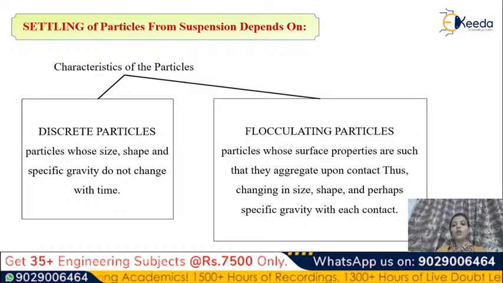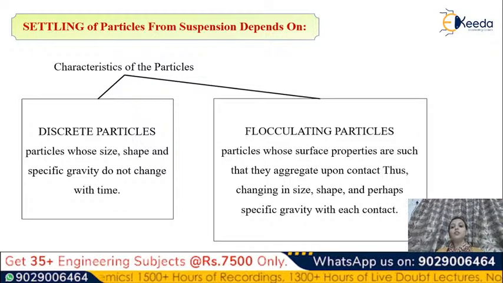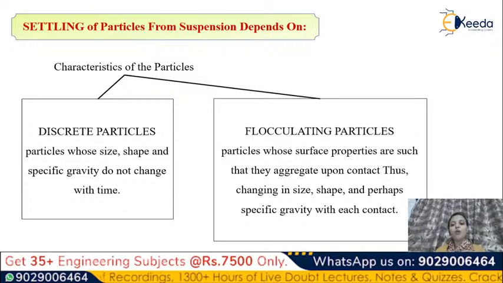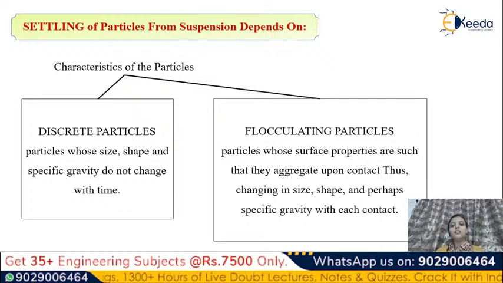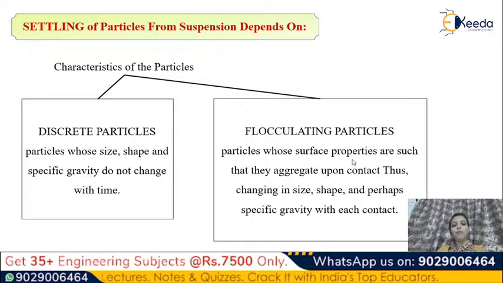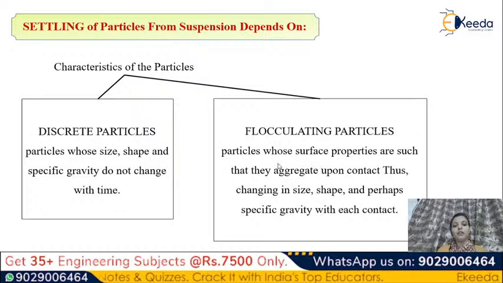And what are flocculating particles? The particles whose surface properties are such that they agglomerate upon contact, thus changing their size, shape, and perhaps specific gravity with each contact. The best example of both types of particles: in primary sedimentation, all these particles are settled down by the force of gravity. Those particles are discrete particles.